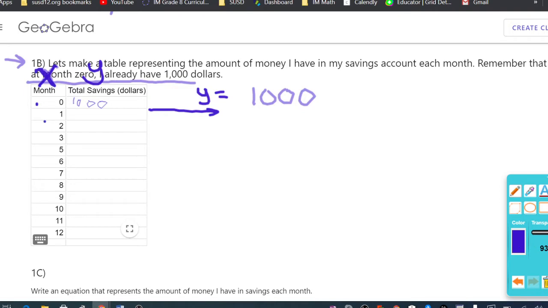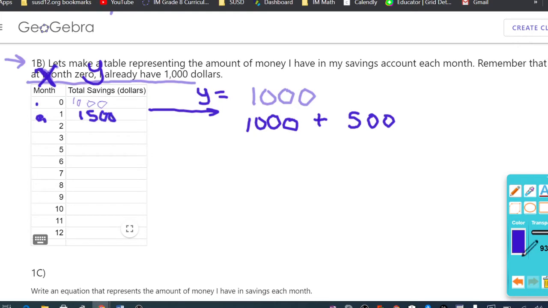Okay, now at the end of the first month, I had $1,000 plus $500 earned the first month.